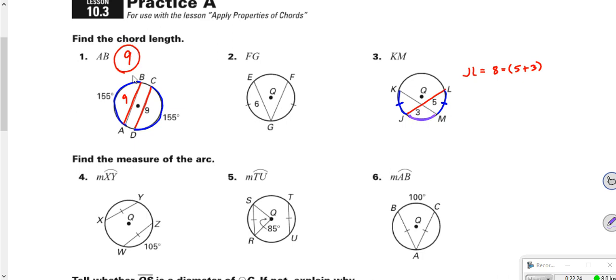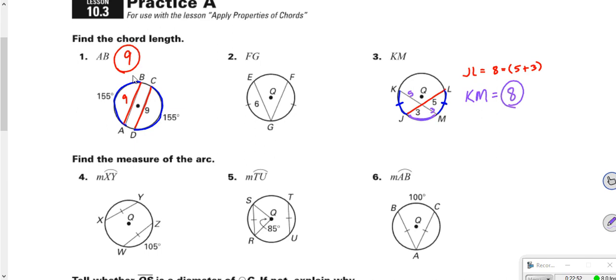Okay, so KM is also the blue plus the purple, like JL is the blue plus the purple. So that means that KM is also 8. I hope you guys see that. Okay, so 5 and 3, this would also be 5 and 3.